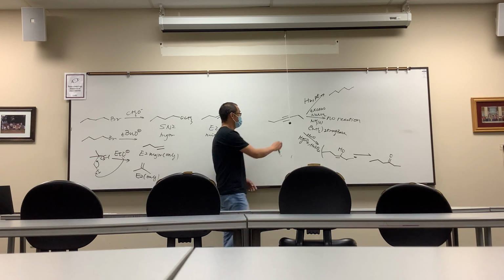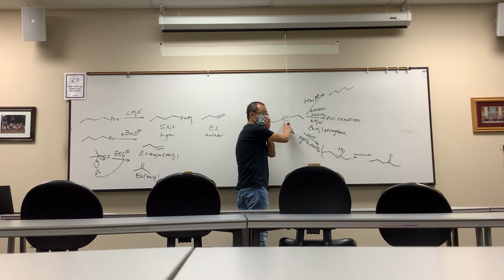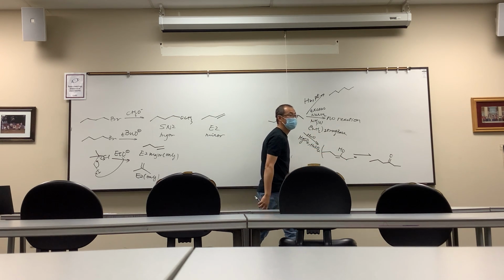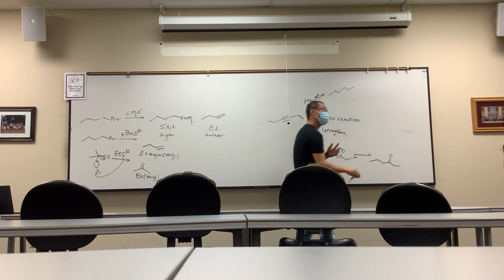Now, this is a 3-alkyne. Means these 2 carbons, 3 and 4, no matter how you count, are the same. You see that? So that means this is symmetric. Even though the OH can be here and here, you get the same thing. So in this particular case, you only get this ketone.